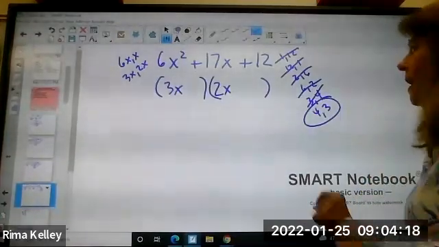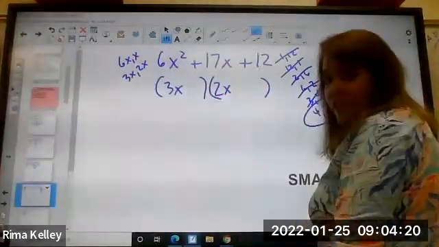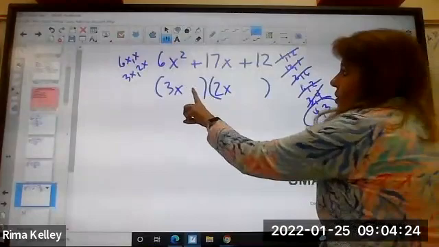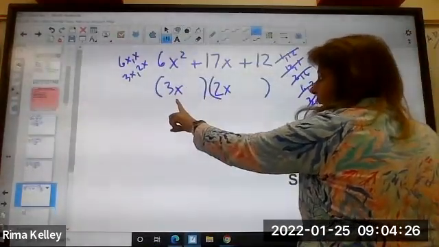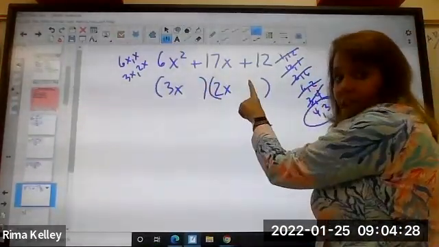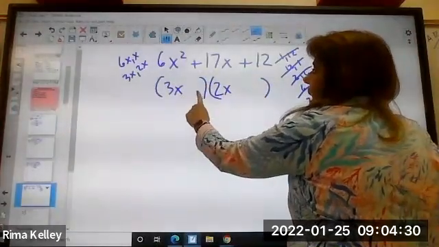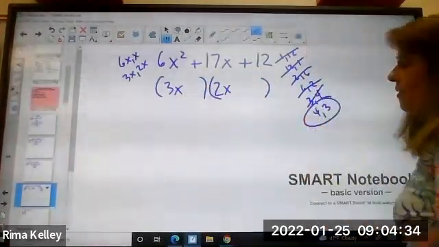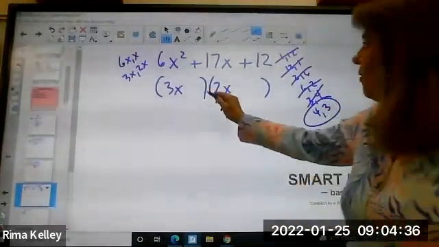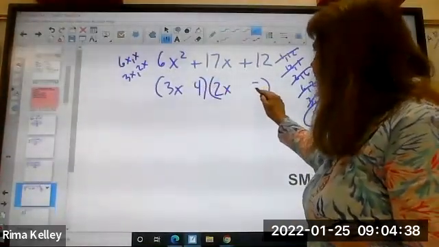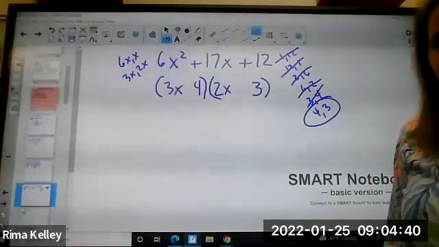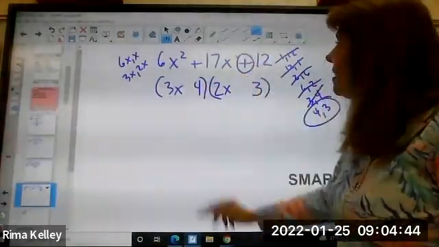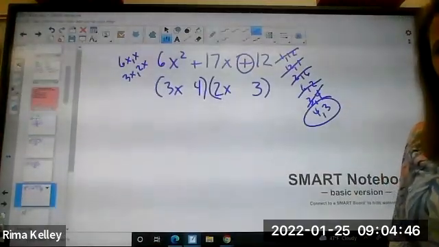So knowing those rules, we have cut it down to one try. So say it one more time. If the middle term's odd, pairs of evens are impossible. And then once you commit to what you're going to put here, as long as you check for a GCF, you can't have a common factor in your binomial. So we're going to try 4 and 3. So a 4 can go there and a 3 can go there. So now we check insides and outsides to see if it adds up to 17.